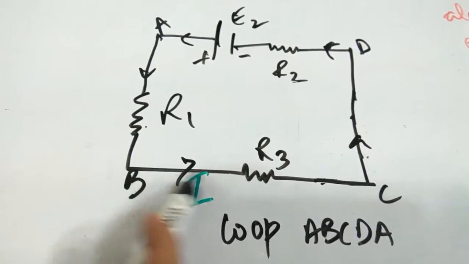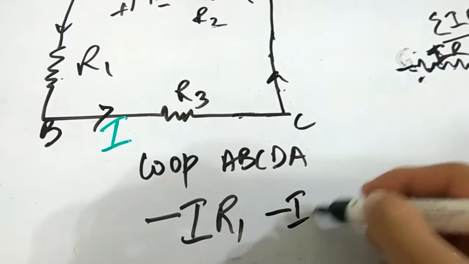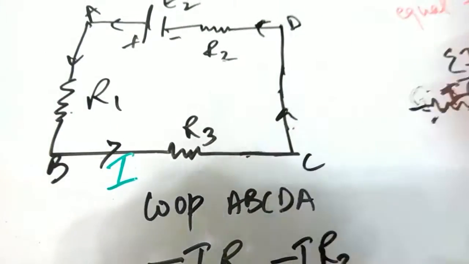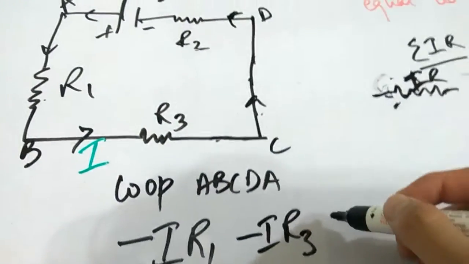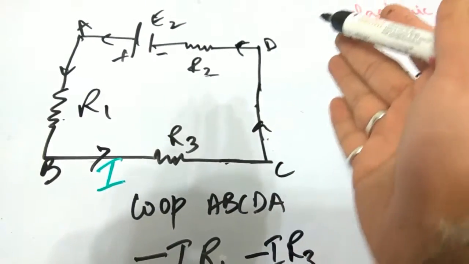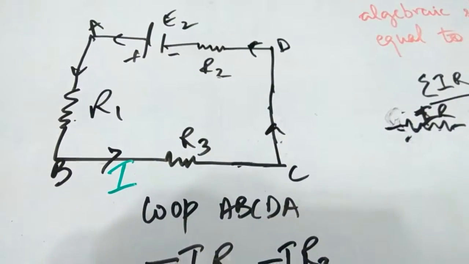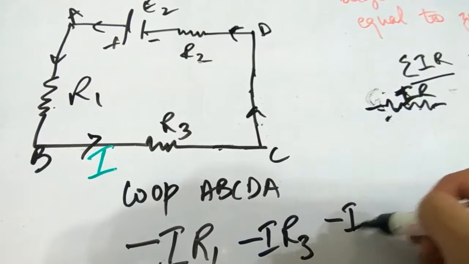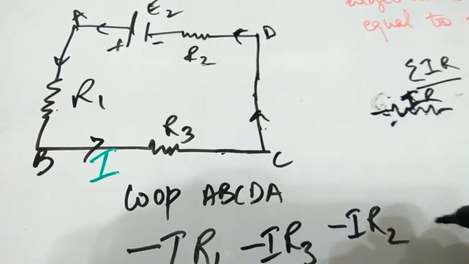We reach B. From B we again go forward, in the same direction. We write minus I R3. We go till D, because there's nothing here. It's again in the direction of the conventional flow, so we write minus I R2.